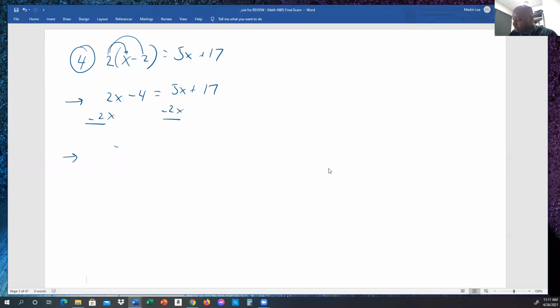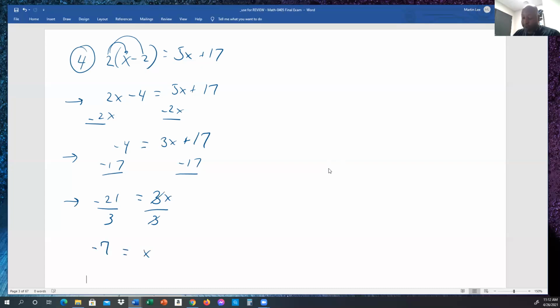Now this leaves me -4 equals 3x plus 17. Now let's subtract 17 from both sides. On the left-hand side, -4 plus -17 gives me -21. That equals 3x. Now divide both sides by 3. It gives me x equals -7.